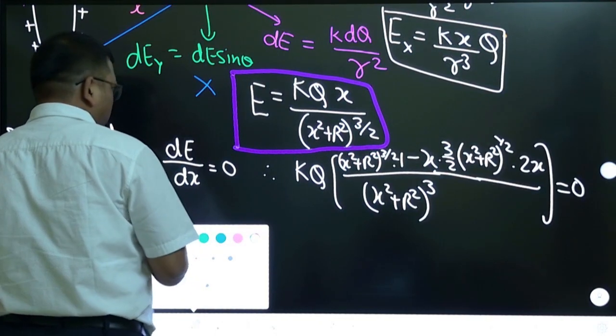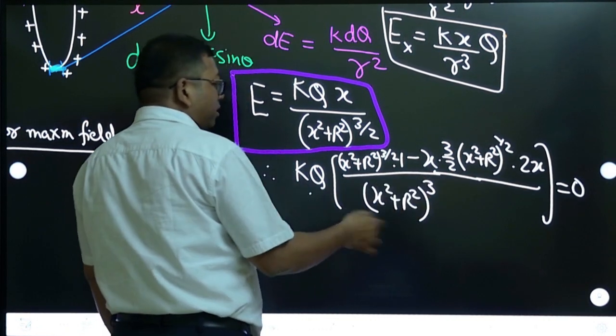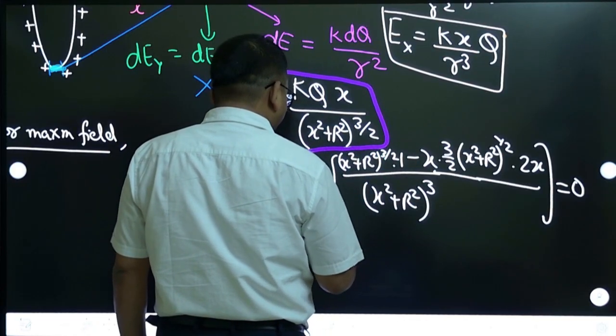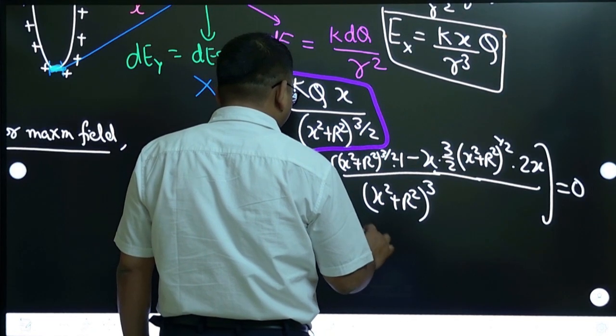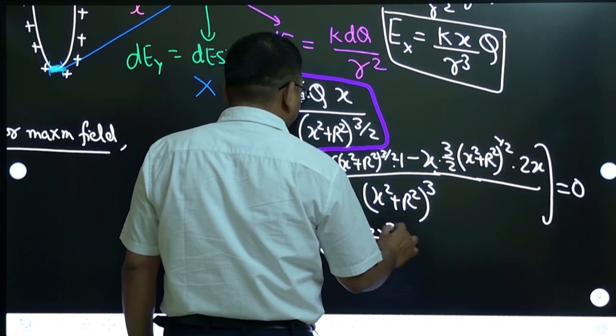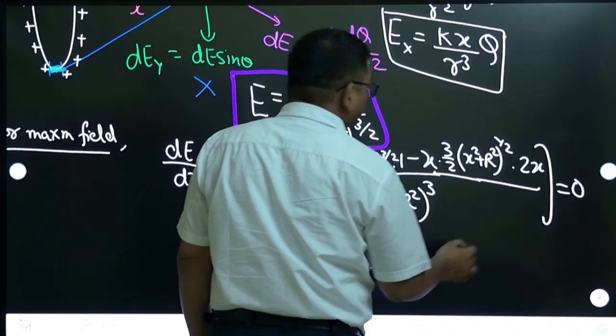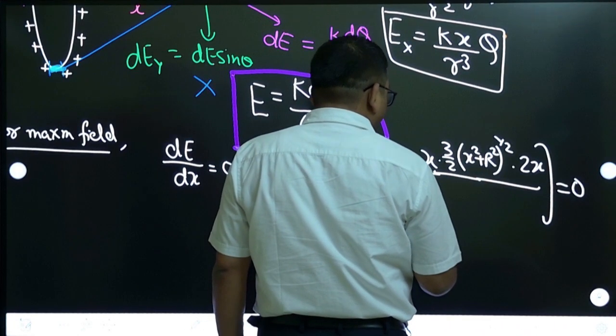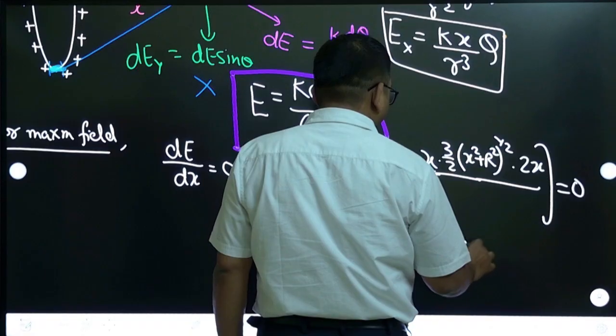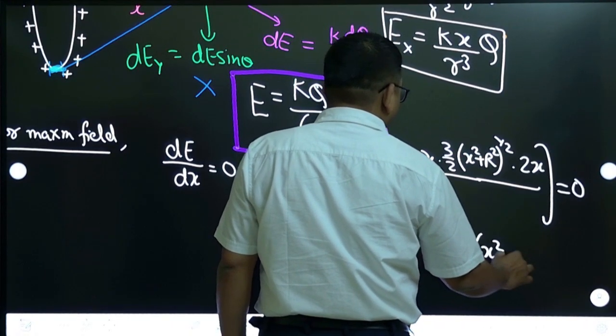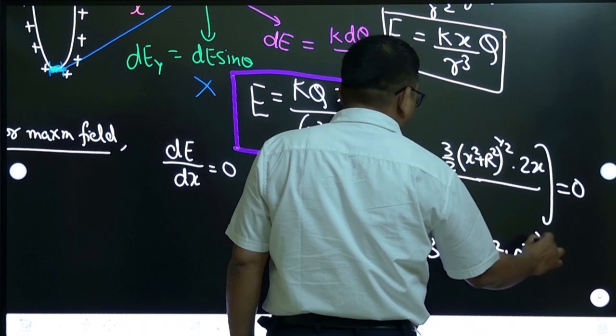Try to solve this. This will multiply 0, so only this term will remain. x square plus r square to the power 3 by 2 is equal to this. You take that to the other side, the 2 gets cancelled, so 3x square times x square plus r square to the power half.